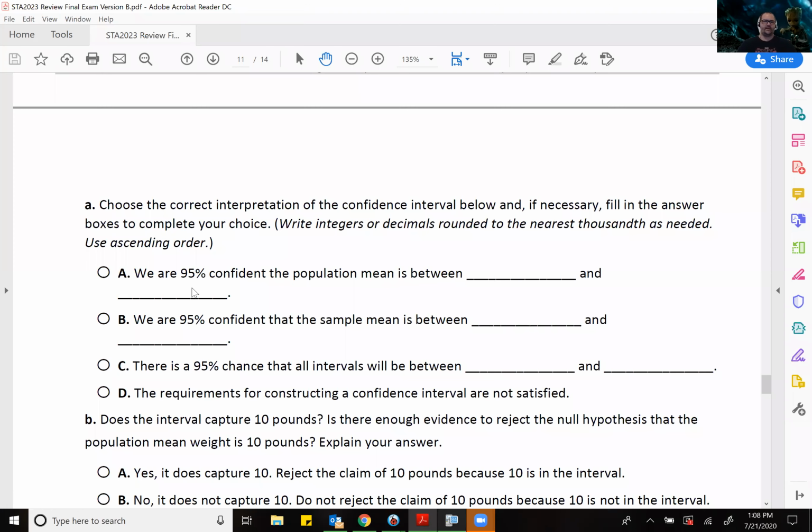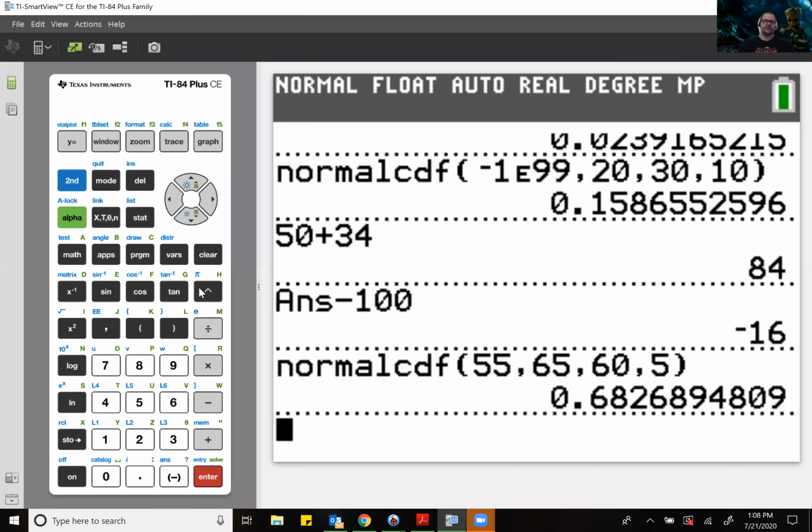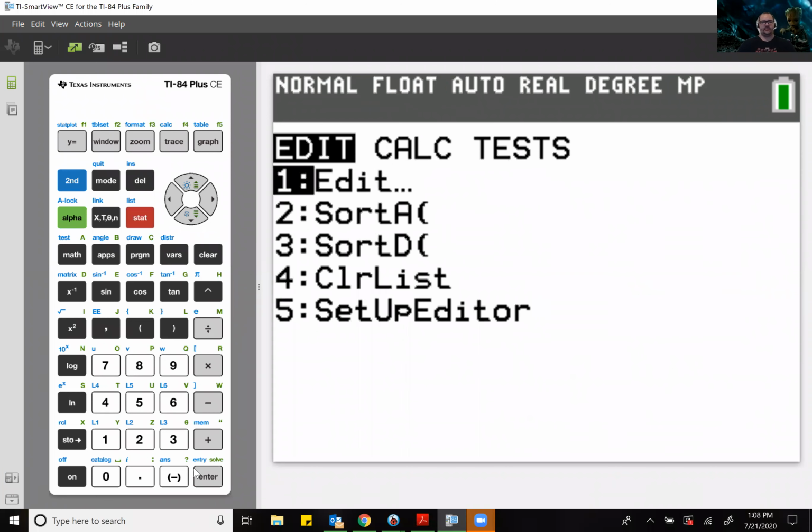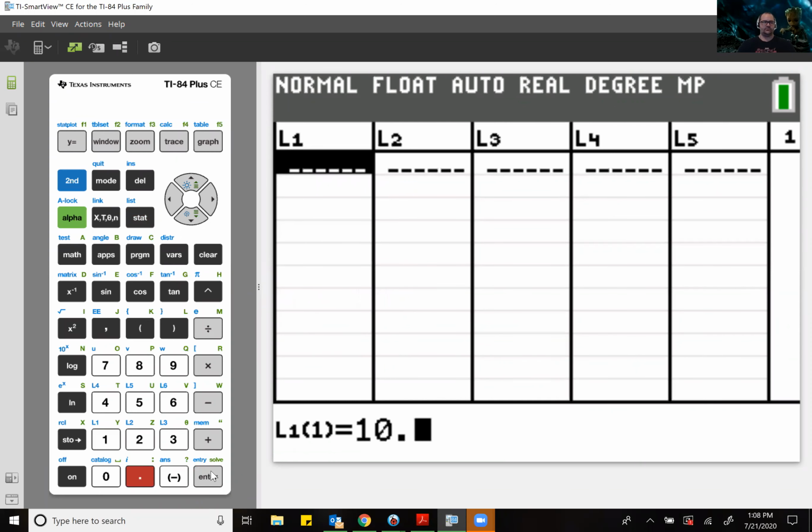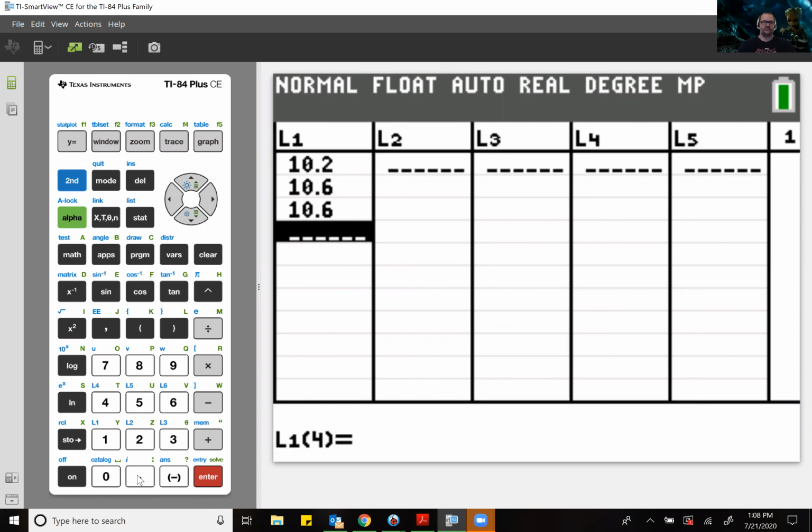All right, so we just need to run our calculator information. If you're going to use the graphing calculator, the first thing is you have to put your information in. Go to Stat and click Edit, and put in 10.2, 10.6, another 10.6, and 10.8. Just so you know, in 9.3 we are dealing with T statistics because these are all about means.